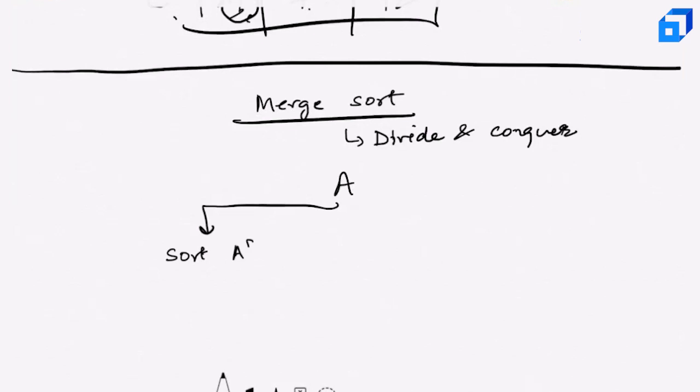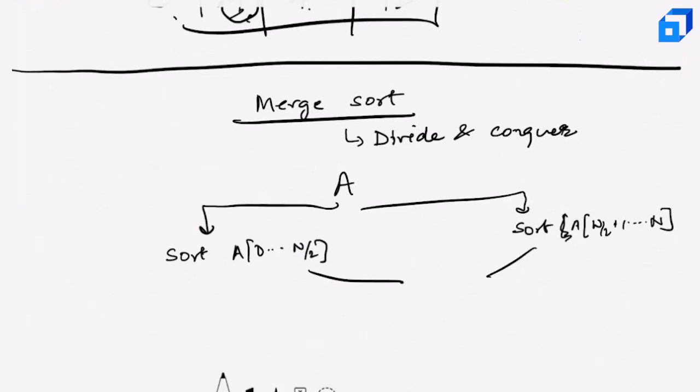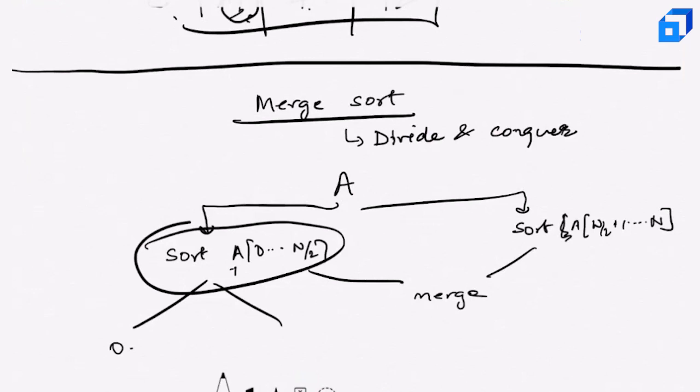So sort A from 0 to n by 2, sort A from n by 2 plus 1 to n, and then merge these guys. That can become my approach. And how do you sort the first half? This also can happen in the same way, where you again divide into 2 parts, 0 to n by 4, and then n by 4 to n by 2, and again, then you merge, etc., right?